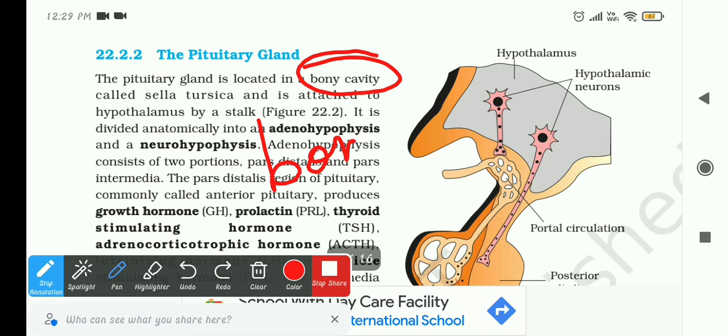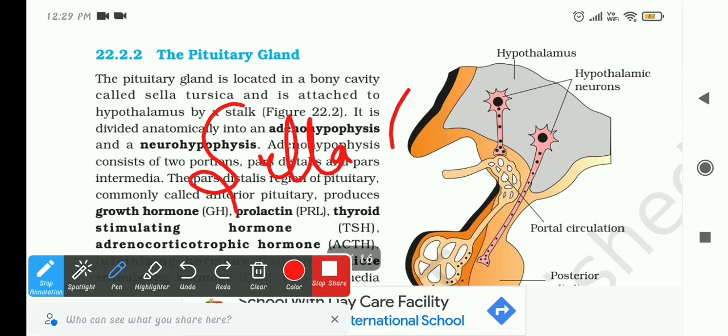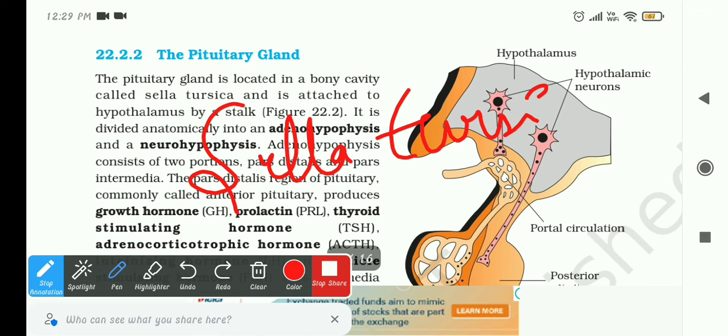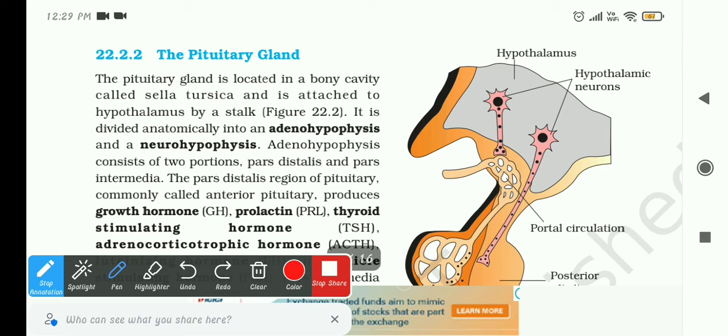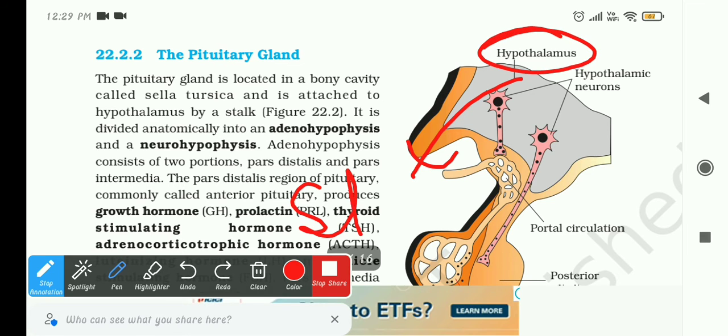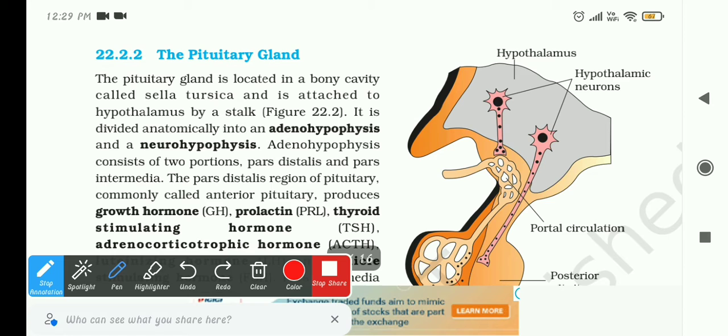It is present in the bony cavity, which we call sella turcica, and it is attached to our hypothalamus by a stalk.